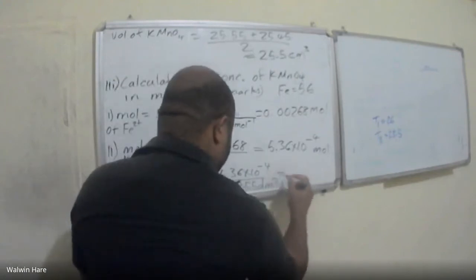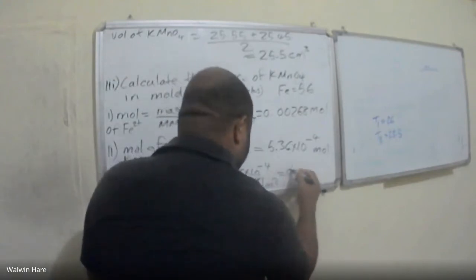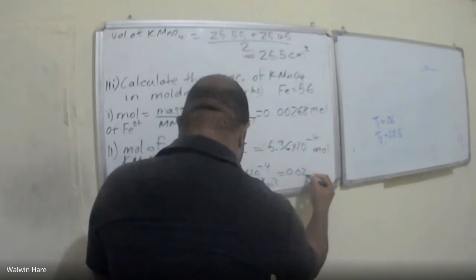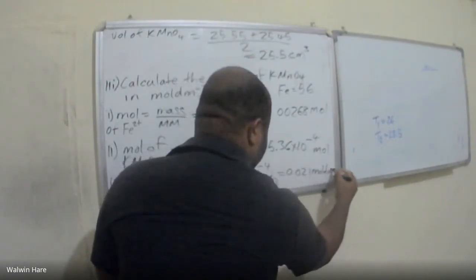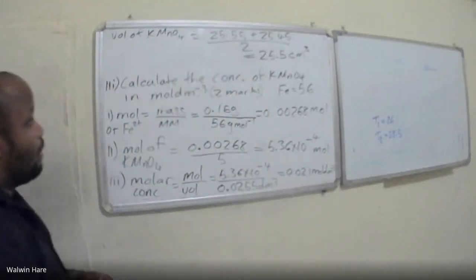And the answer is 0.021 moles per dm cubed. Right?